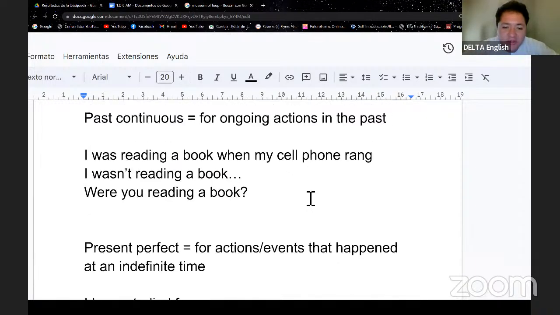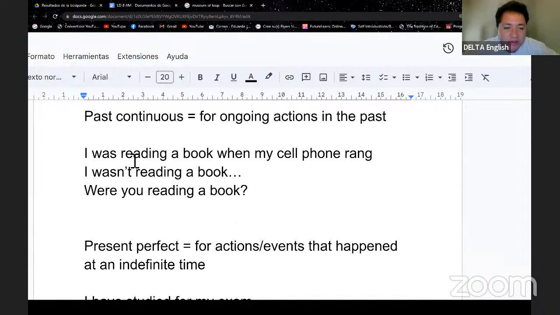Okay, let's check now with the past continuous. So we can use passive voice here, right? I was reading a book. En la segunda parte no se puede porque es un verbo intransitivo. But the first part we can say in passive voice. I was reading a book in passive voice, guys.